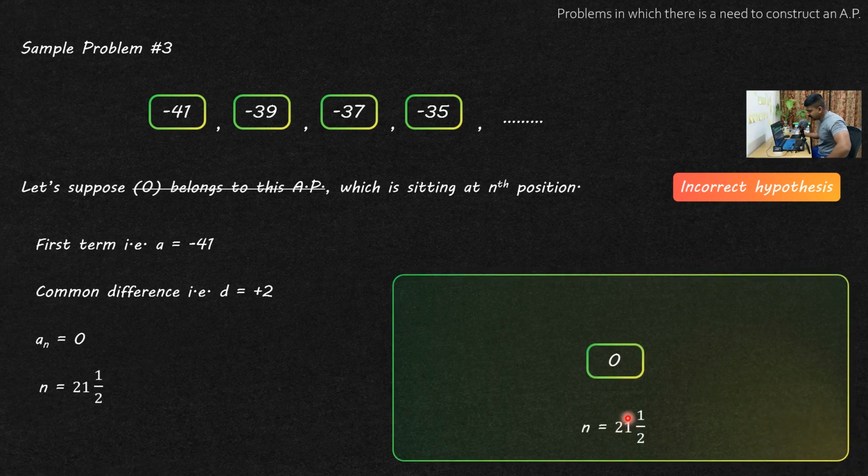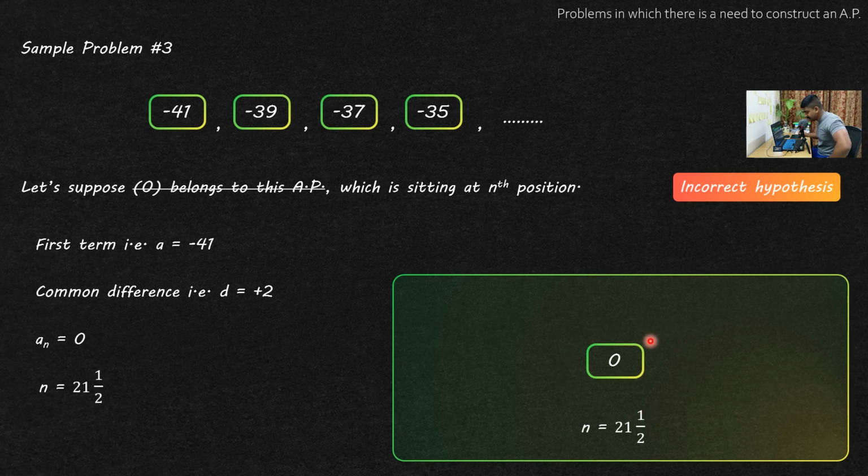Now suppose 0 is at this position, 21 1 by 2, which is certainly greater than 21. And you know that this AP is an increasing one. So on moving from left to right, you are moving towards the positive infinity. So if this is 0, then towards the right hand side, you will get all the positive terms, and towards the left hand side, you will get all the negative terms.